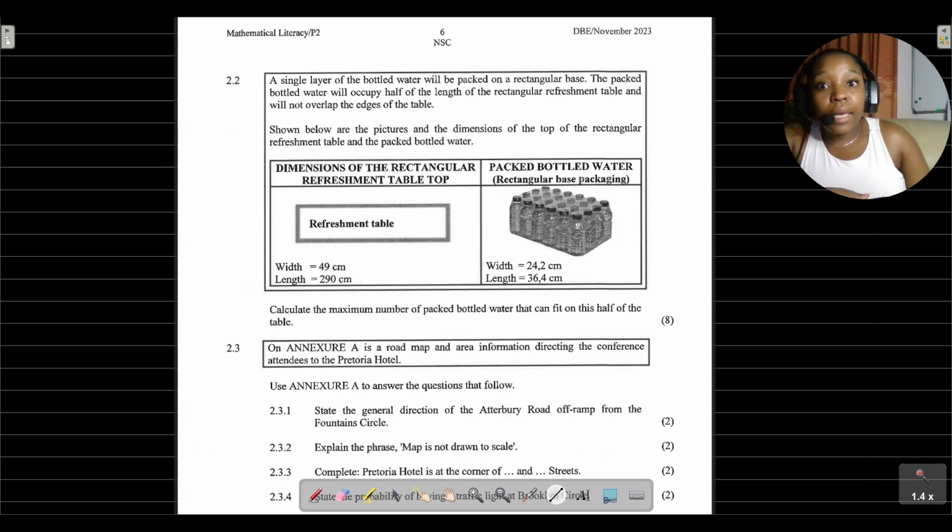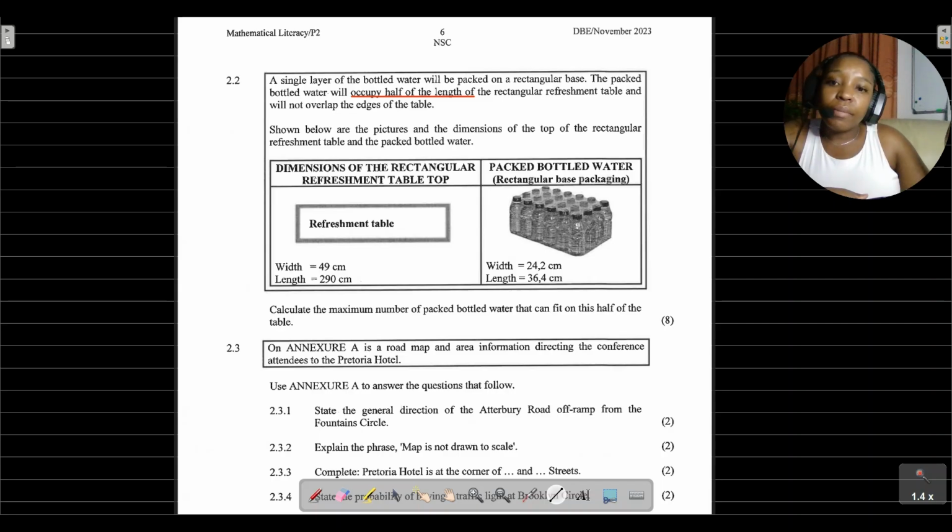They're just telling us that the packed water bottle will only occupy half of the length of the rectangular refreshment table and will not overlap the edges of the table. Shown below are the pictures and the dimensions of the top of the rectangular refreshment table and the packed bottled water. So these are the dimensions of the rectangular refreshments table.